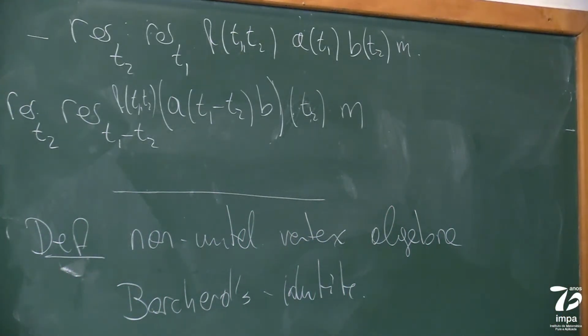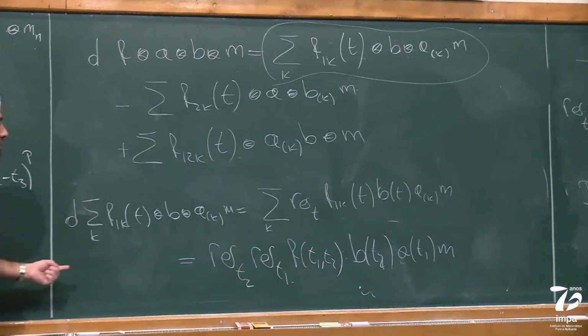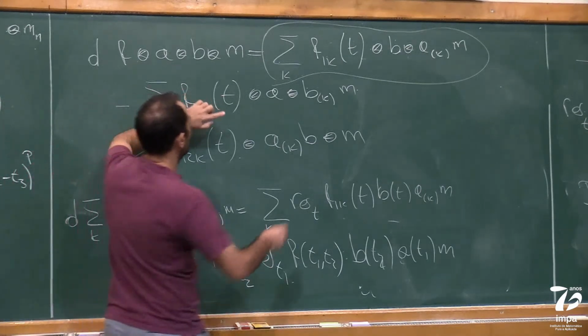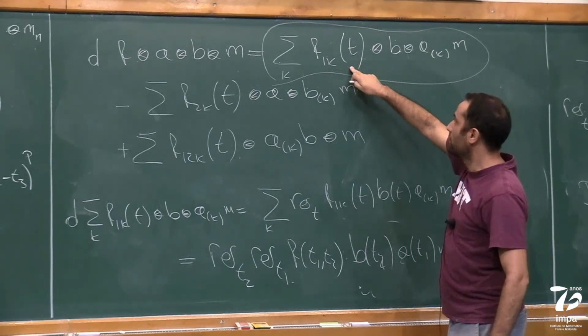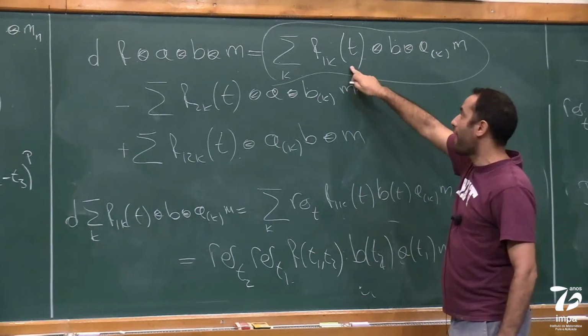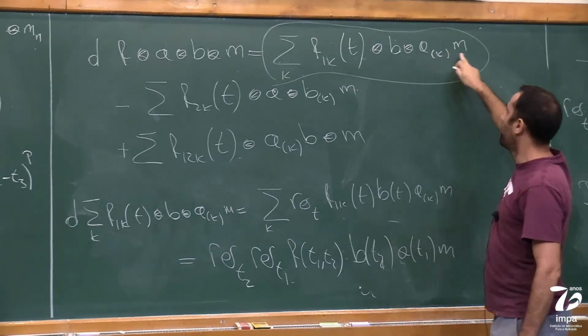Okay. So we have a differential. And now I want to compute H1. Again, the same thing. I should check that these claims that I made before are correct, namely that I can divide by d by dti and then t acting on the ith position. But since this differential, you see, this guy here was a residue. This is the residue of t2 of f of t1, t2, and then a applied to m.